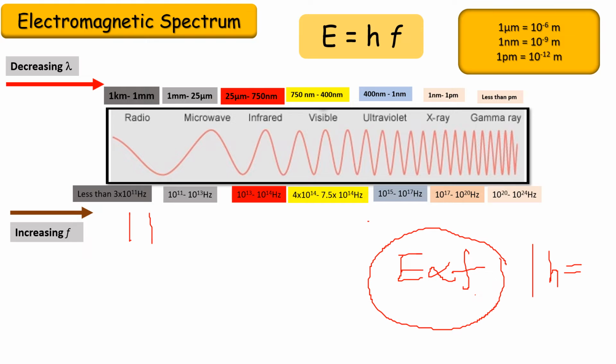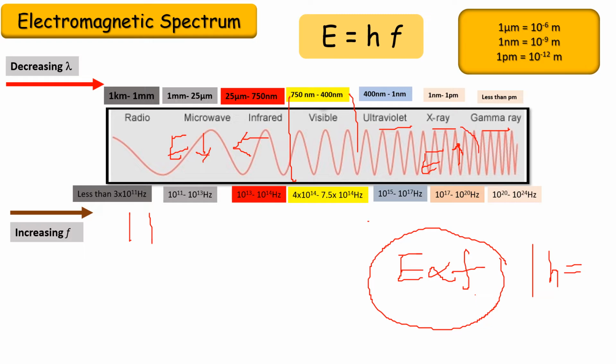So as the frequency increases, the energy also increases. So for the radiations towards the right side of the visible range, the ultraviolet, X-ray and gamma ray, they have high frequency, hence their energy is high. Whereas the spectrum to the left of the visible range has low frequency, hence their energy is low.